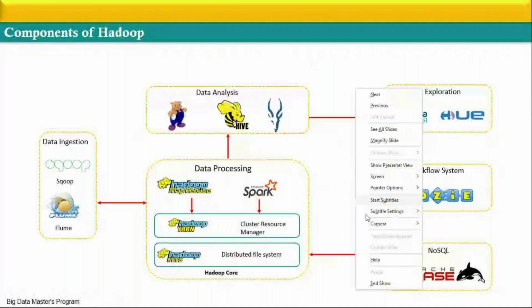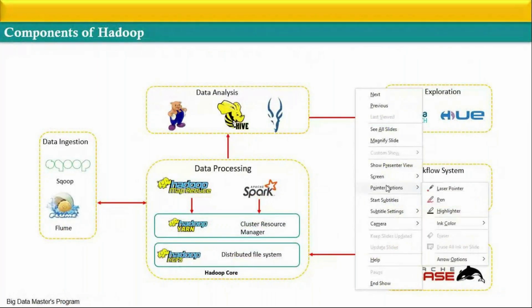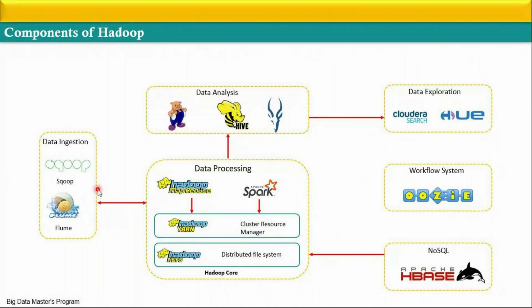So this is the diagram of the Hadoop ecosystem, and we have certain tools for ingestion, certain for data analysis, certain technologies for data processing, and then exploration, workflow system, and NoSQL.